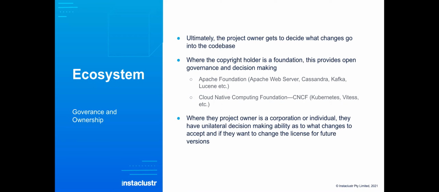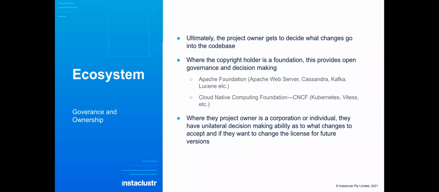So where the copyright holder is a foundation, that gives you a really good open governance and decision making. The prime examples of those are the Apache Foundation and the Cloud Native Compute Foundation. They're the two most famous and biggest ones.